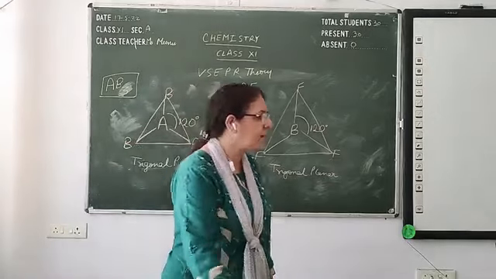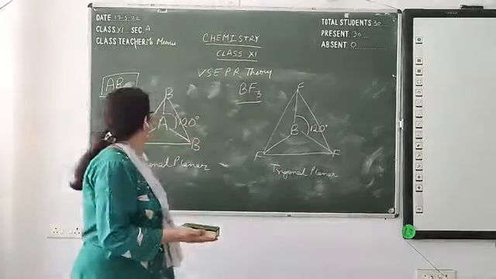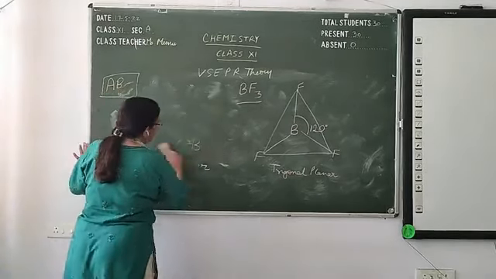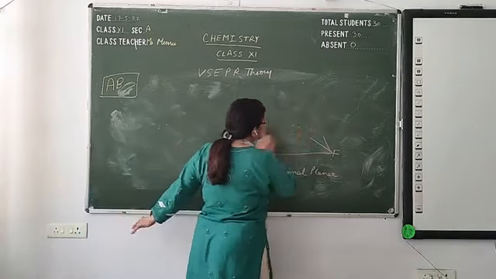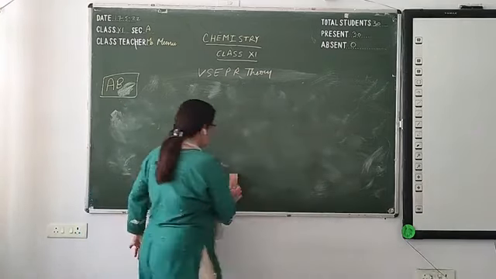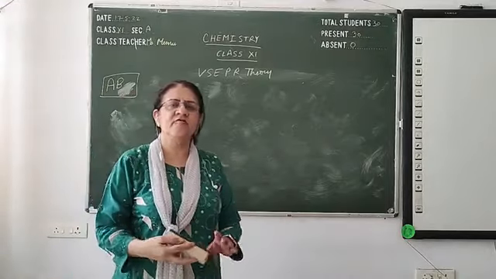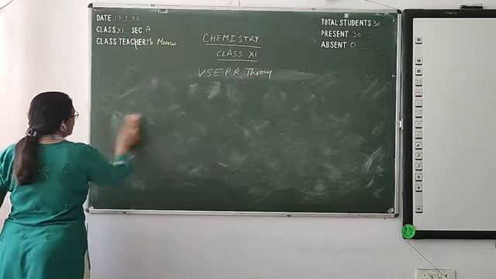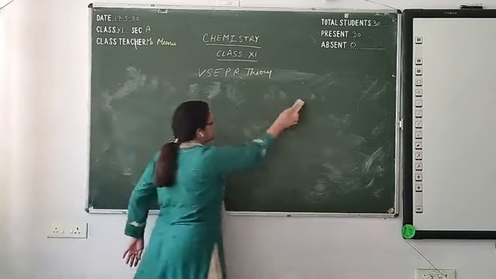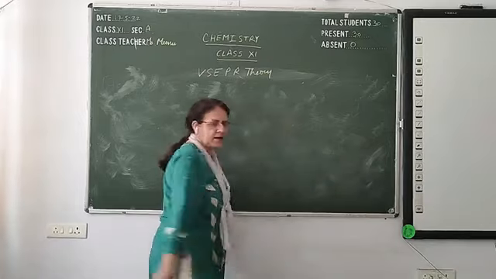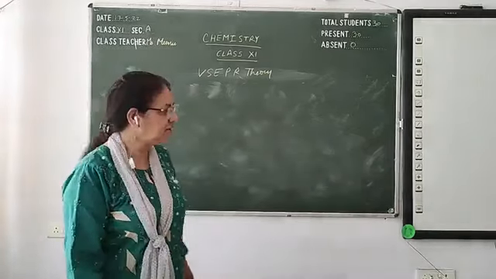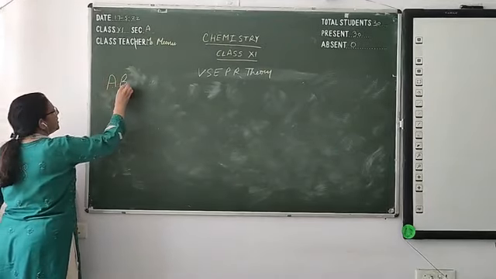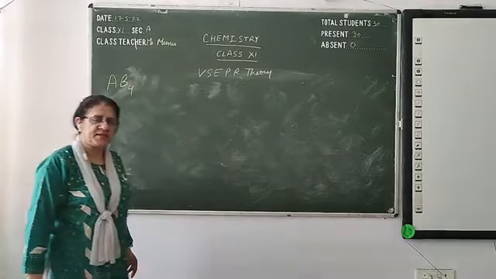I am sure children you have understood the concept well by now, and we will now study further and see the next shape which we have to take up as per valence shell electron pair repulsion theory. The next will be AB4, isn't it?